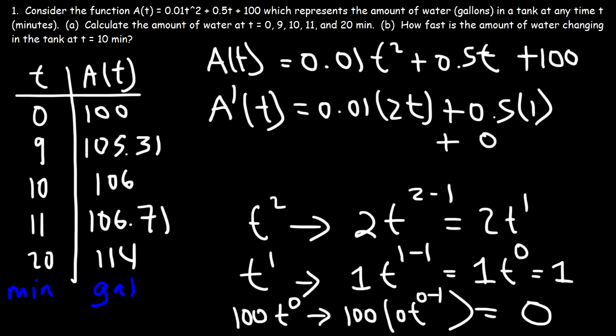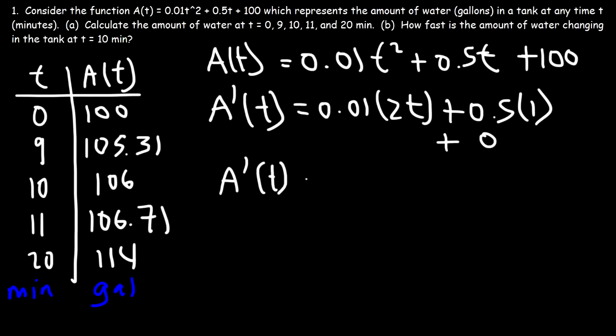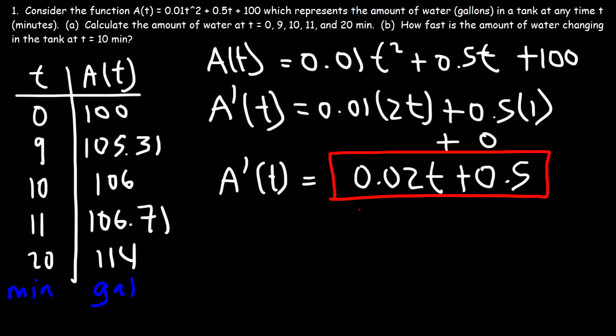So therefore, the derivative function is going to be A prime of t, which is 0.01 times 2, that's 0.02t plus 0.5. So this is the derivative. It's going to tell us how fast the amount of water is changing in the tank at any time t.